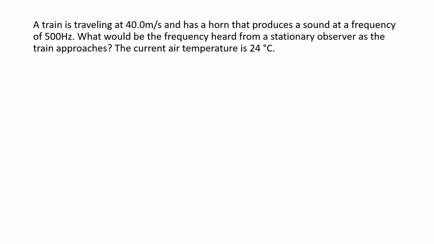And a stationary observer is hearing this train approach them. But what is the frequency that the observer hears? I should also say that the air temperature at that moment is 24 degrees Celsius.